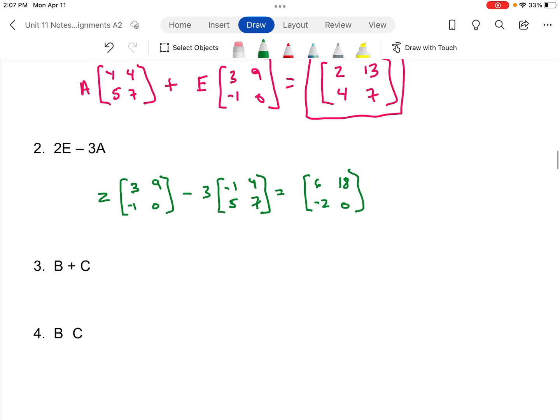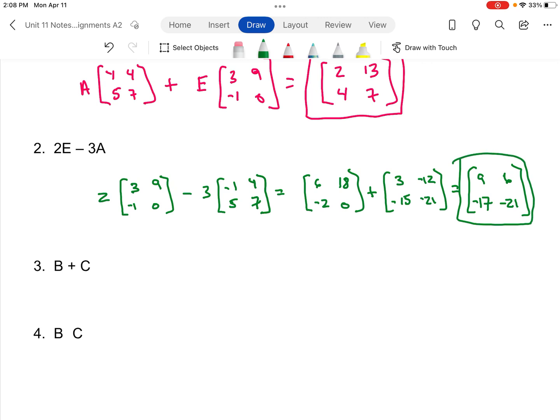So then it actually will become an addition problem. Then finally, we can add the two matrices together. Okay, adding each corresponding element. This is our final answer, a 2x2 matrix.